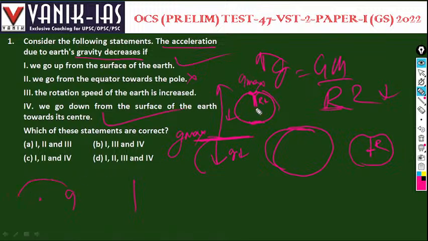Okay, so if g decreases, then these two statements are right. Rotation speed of the Earth means Earth is rotating around itself. Yes, g will decrease if the rotation speed of Earth is increased.